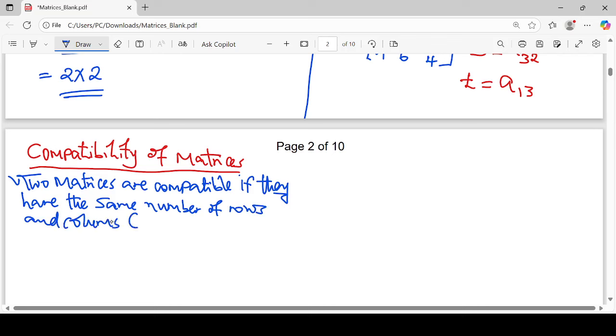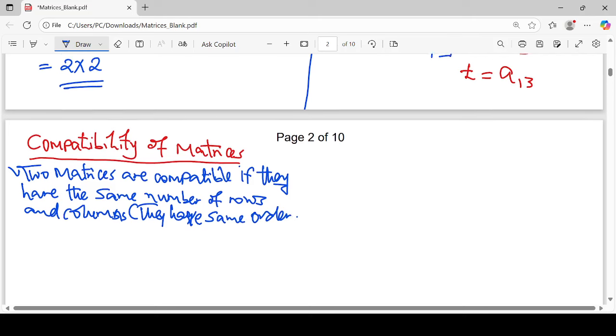In brackets, what I'm trying to mean is that two matrices are compatible if they have the same order. Remember we explained about order of a matrix. So if they have the same order, then you will say that the matrices are compatible.